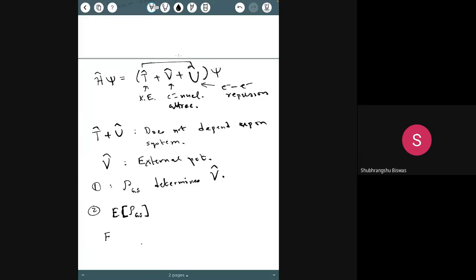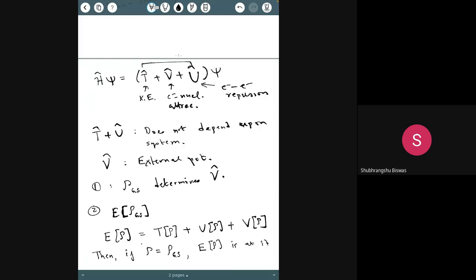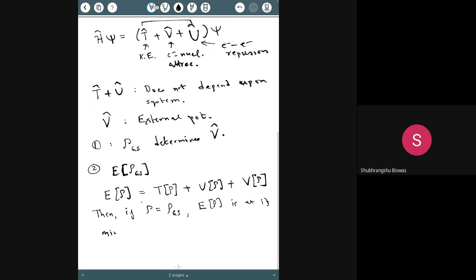So if I can write the energy of a system as a functional of the density, E of rho, then if rho is equal to rho ground state, E of rho is at its minimum.